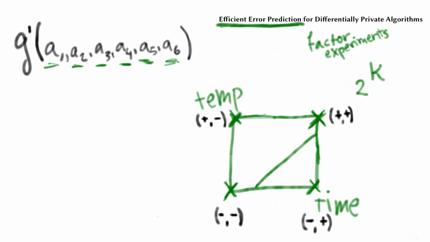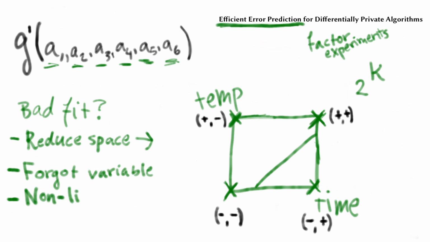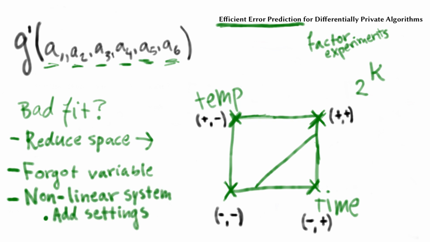This is easily done. In fact, it is one line of code in the language R. Next, validate your model, and if your model checks out, you're good to go. Otherwise, you can reduce the space you create your model for systematically, or you might have forgotten to include an important variable, and it can also be the case that your system is in fact non-linear, and then you need to add some more combinations to your experiment.